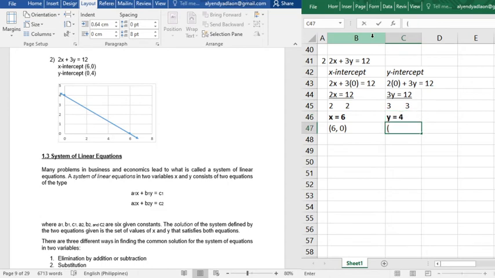So if x is 0, y is 4. And as you can see in the graph, our x-intercept is 6, while our y-intercept is 4. Then you connect the two. Any point that lies on this line will still satisfy our equation. So that is for the linear equation in two variables.